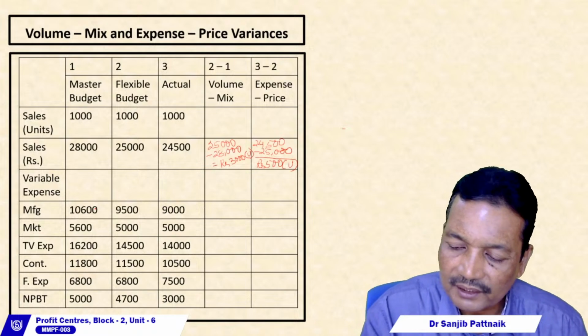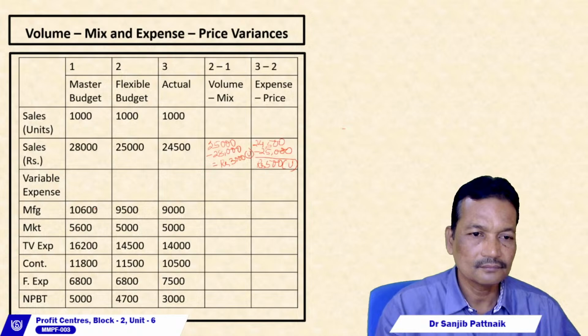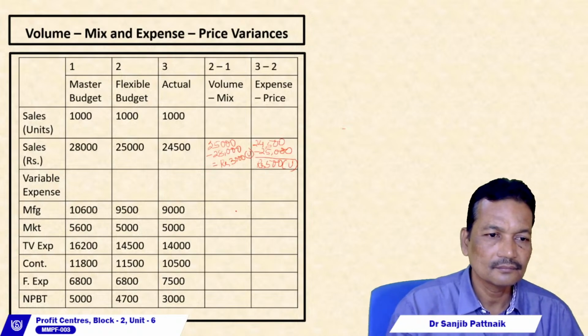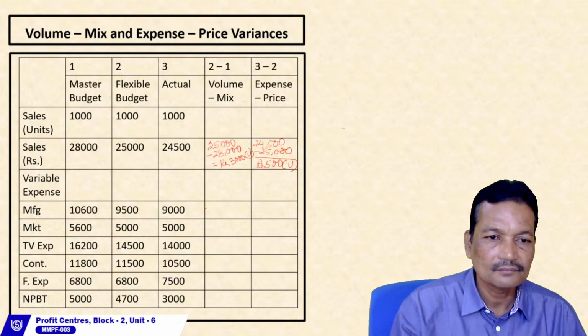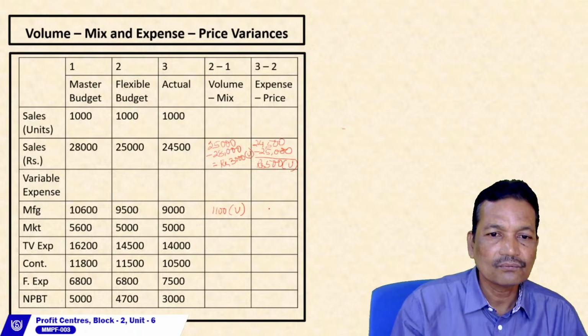That gives me a figure of 1,100 unfavorable, and this is 500 unfavorable.